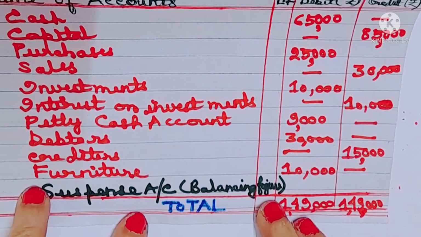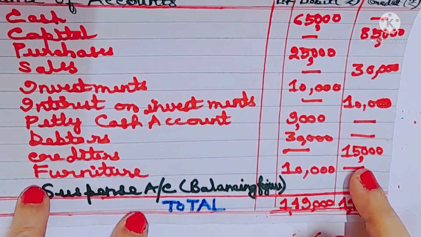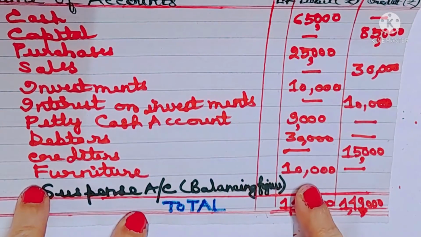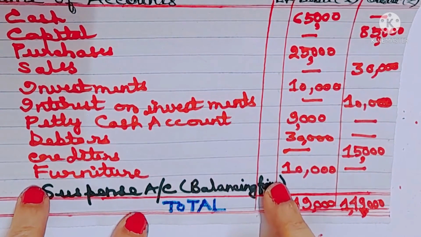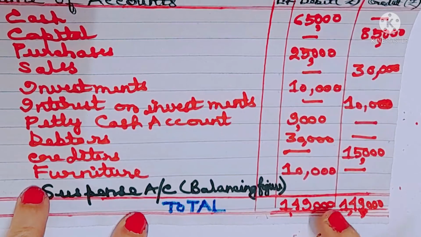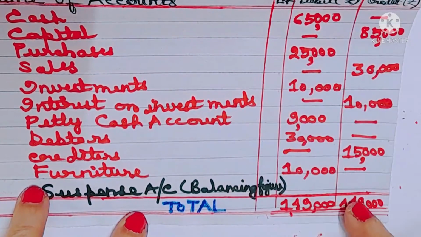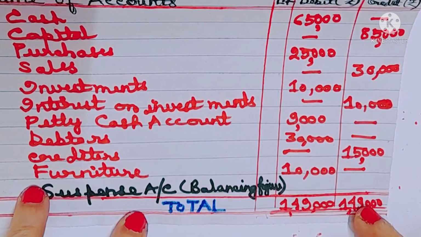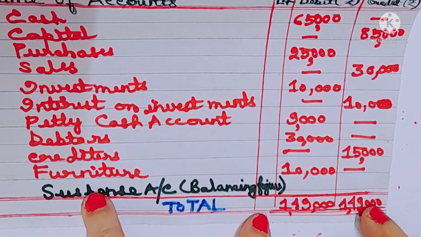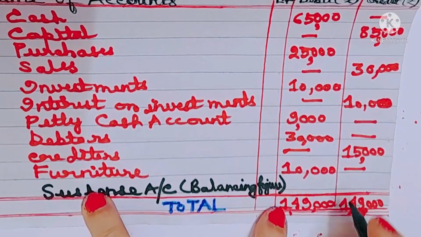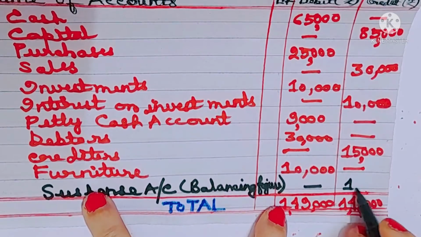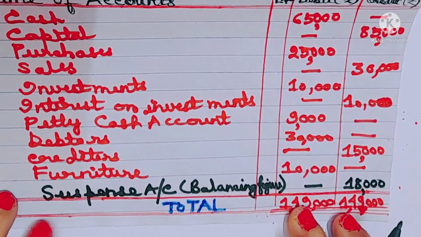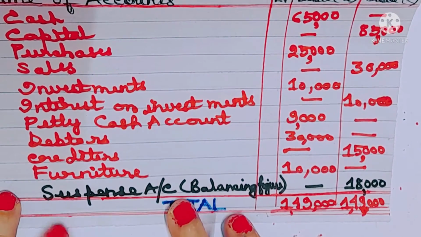If you deduct the total of credit column from the total of debit column, you'll get the difference. The total of debit column is 1,49,000. The total of credit column is 1,31,000. So if you deduct 1,31,000 from 1,49,000, you'll get 18,000. So the balancing figure will be the suspense account.